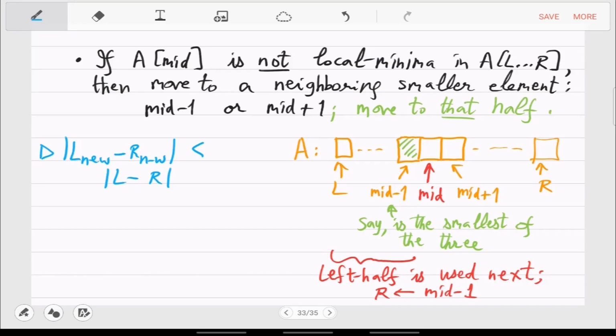Does it only reduce, or can you say more? It's actually half here. So the length of the array is halving every time.